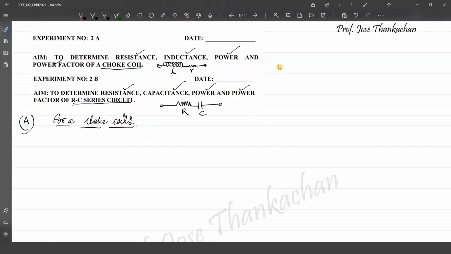Now, since you are first year students, I'll just quickly tell you the properties of these individual elements: a resistor, an inductor, and a capacitor. R, L, and C. In the first experiment, we had seen the properties.